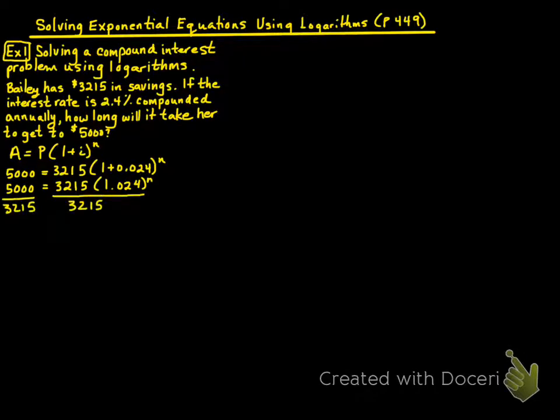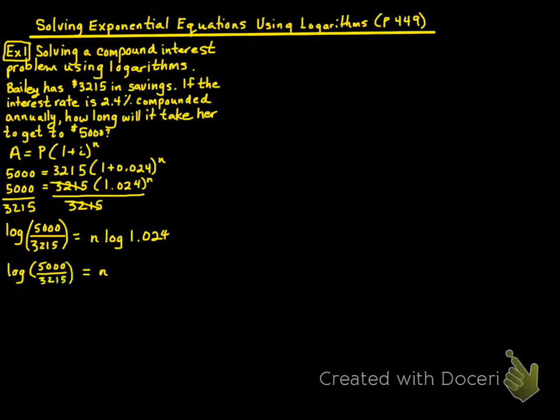Now we can divide both sides by 3,215, canceling the 3,215. Then we can take the log of both sides. And when we take the log of both sides, you can bring the exponent n down and put it in front from our power rule for logs.